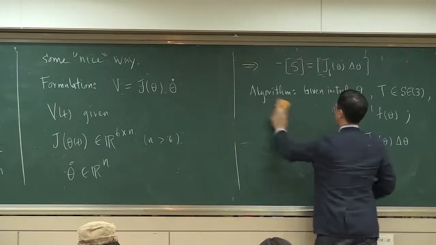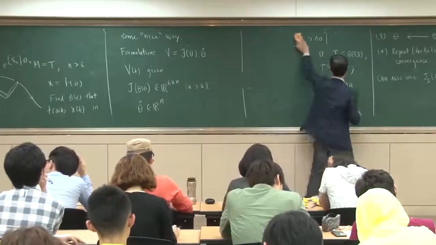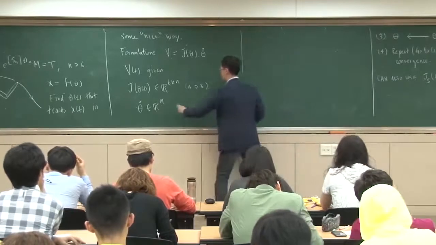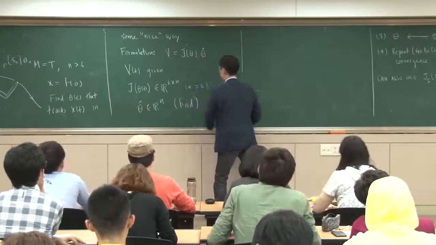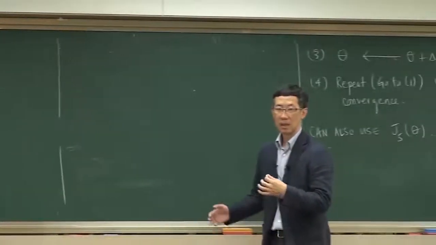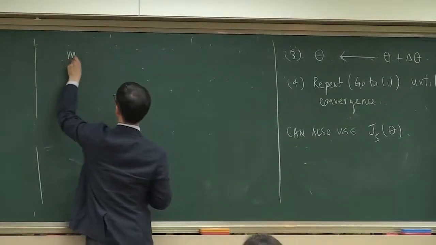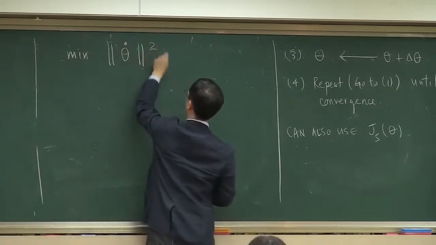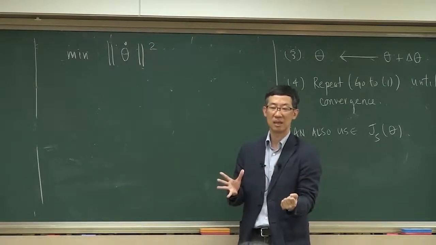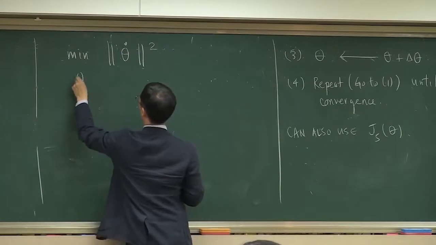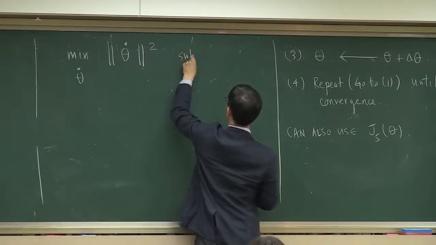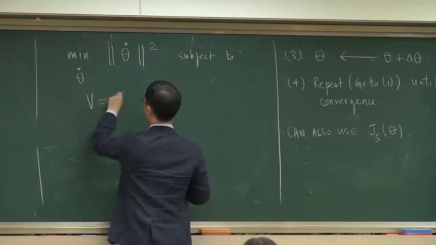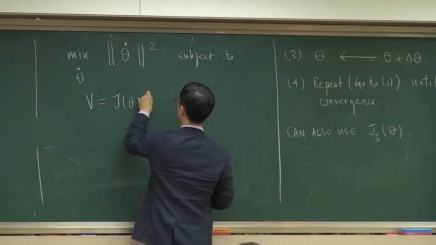So one way to solve for theta dot, which is what we want to find, is the following. Let's minimize, let's find the smallest joint velocity, subject to the constraint that v equals J of theta times theta dot.